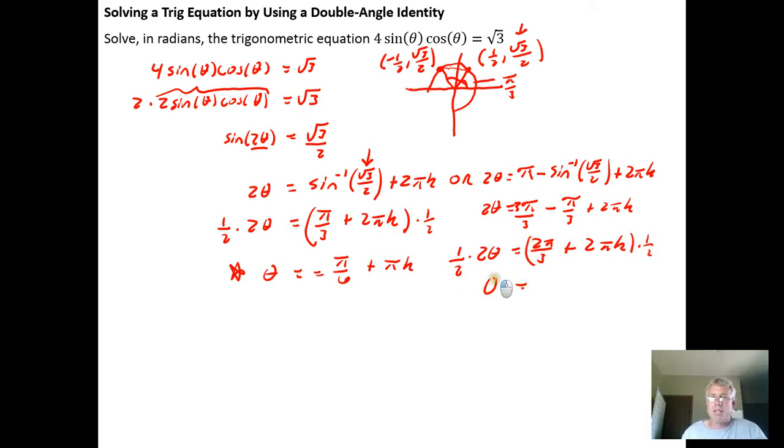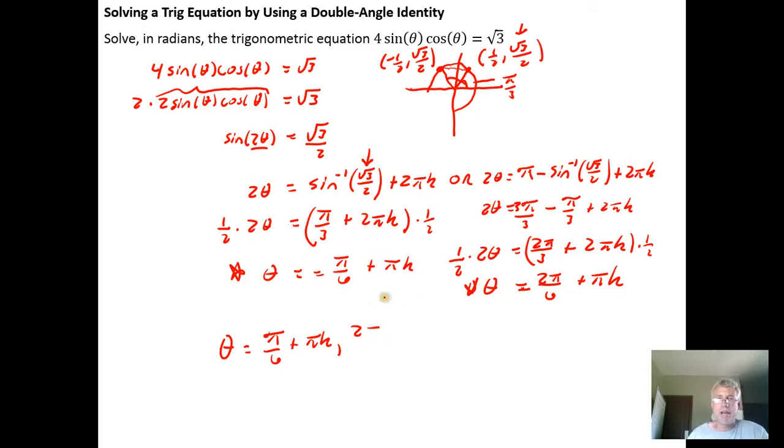So we get one half times both sides. One half of 2 theta is theta. One half of 2 pi over 3 is 2 pi over 6. Plus one half of 2 pi k is just pi k. And then we put these two together to get our final solution. Theta is the angle given by either pi over 6 plus pi k or 2 pi over 6, which actually should simplify to pi over 3, right?